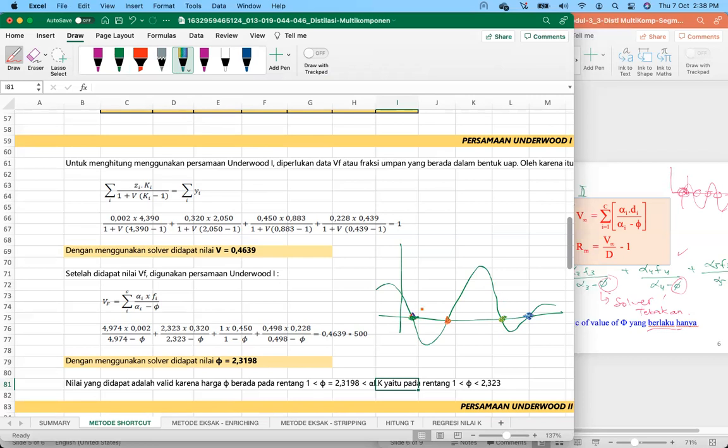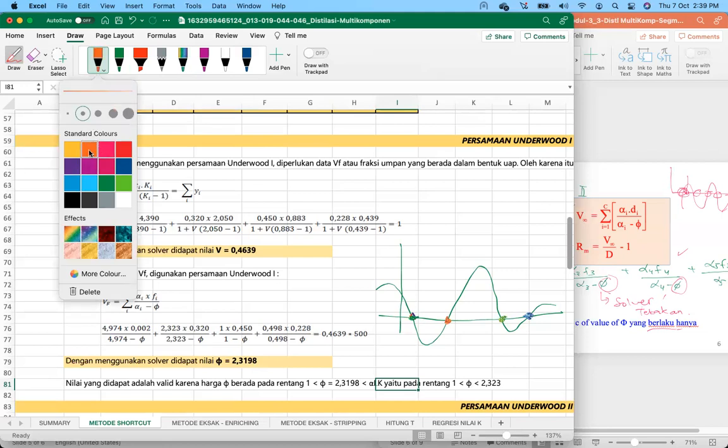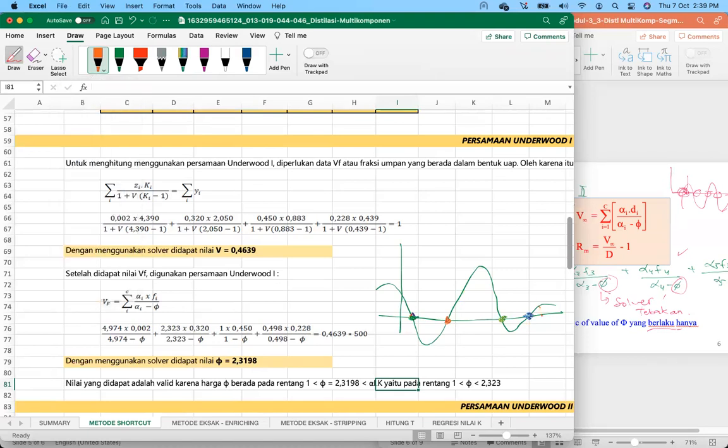What makes the difference is how you put the initial guess (tebakan), the initial iteration. If you start with this one, for example, it will find up to here and then converge and go to that one. If you use a guess from here, maybe you can get to here and then it converges and goes to that one.